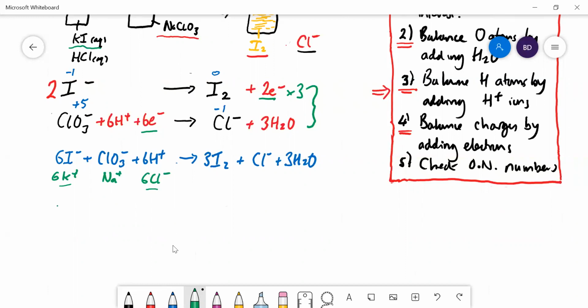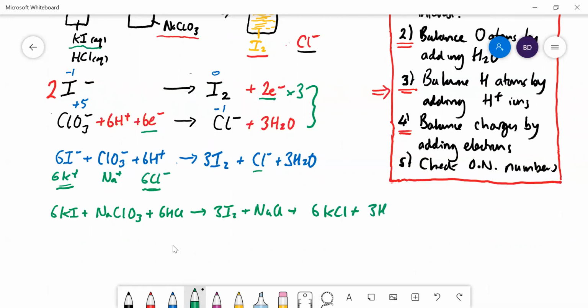So you would write 6KI plus sodium chlorate(V) plus 6HCl goes to 3I2. This Cl you can consider as being NaCl, and then you've got these 6 KCl here and 3H2O. But as I say, the real equation that we're really interested in is just this blue one here. That tells you everything.